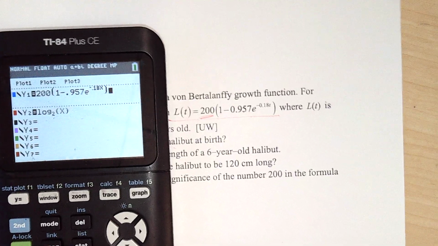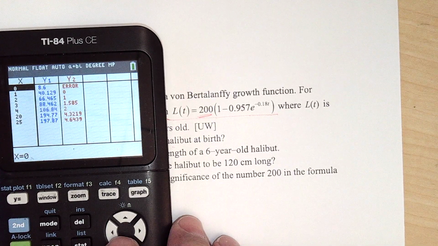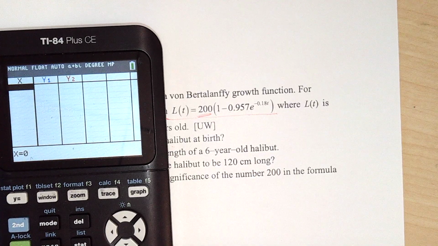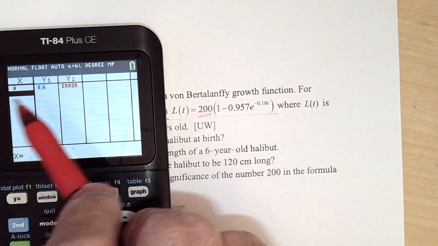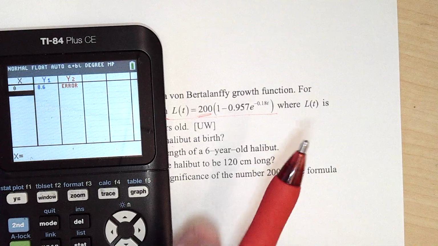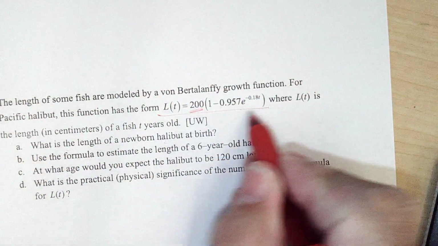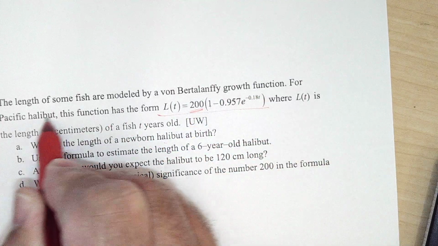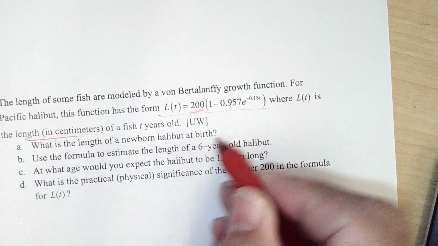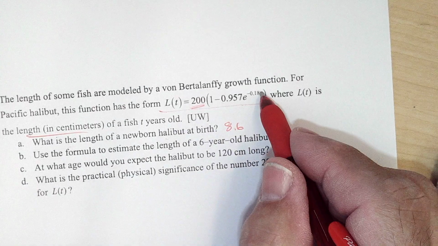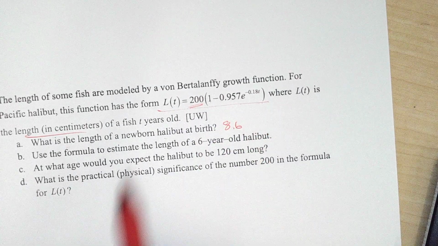Type it in there, and so then I can go to my table and just get rid of all these. And they want a newborn, 0. And it's 8.6 centimeters, I believe it was. Length in centimeters. Just put 0 in here and you get that.